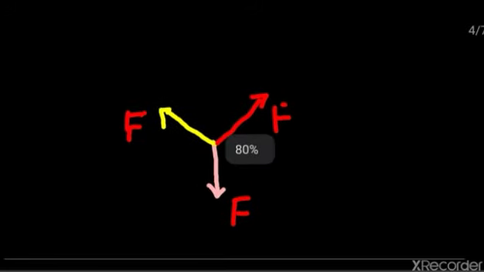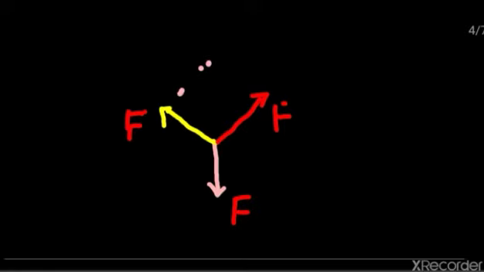In order to find it, we have to draw a parallelogram. This is the parallelogram formed from these two vectors, so their resultant will be the diagonal of the parallelogram. Let's find the magnitude of this resultant.